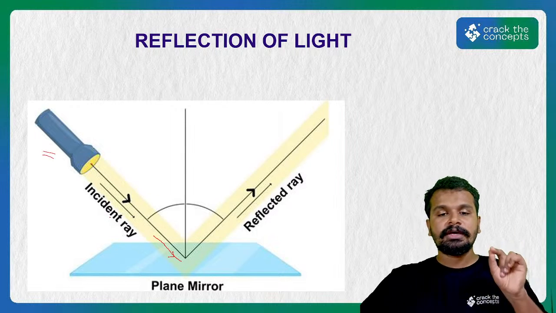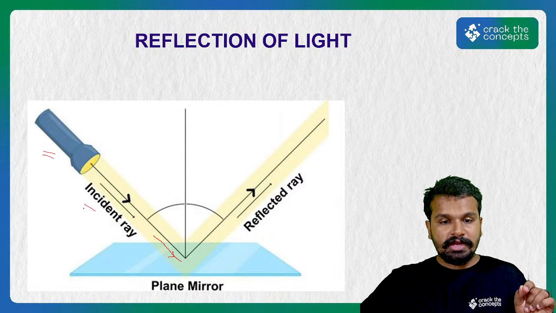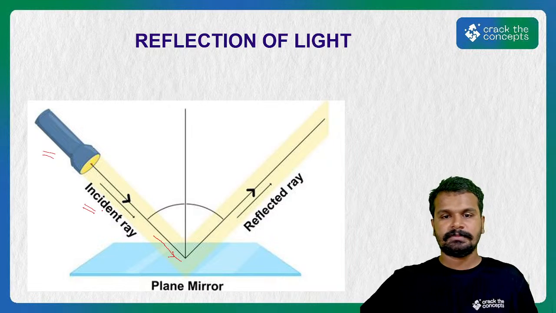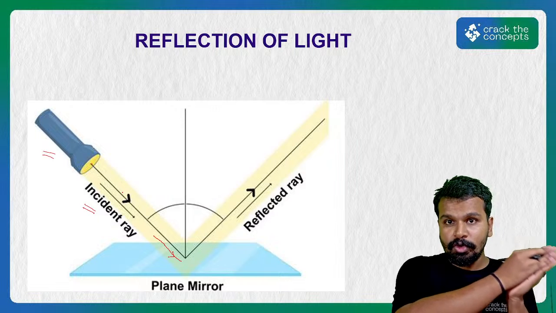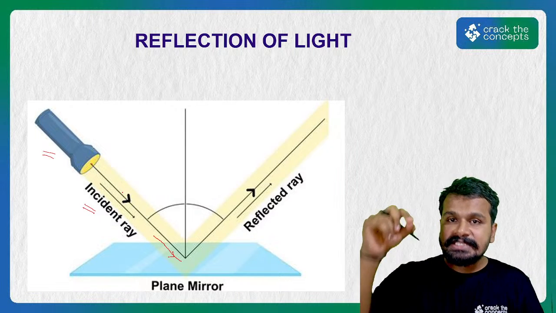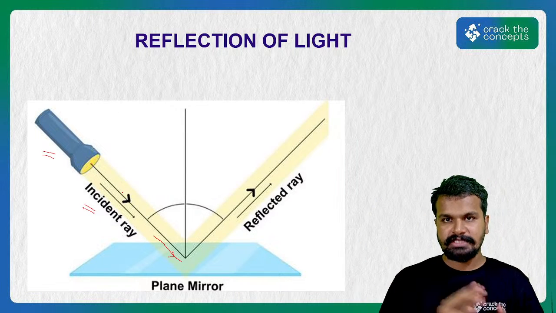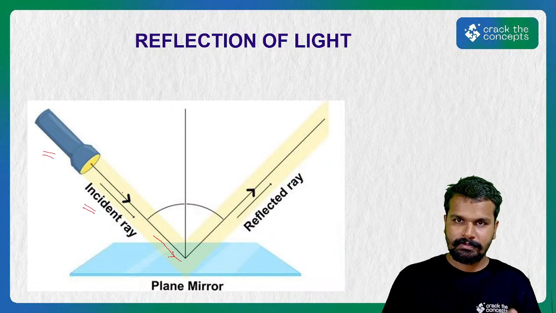That particular ray of light is known as the incident ray. The ray of light which goes from the source and gets incident on the surface is known as the incident ray.